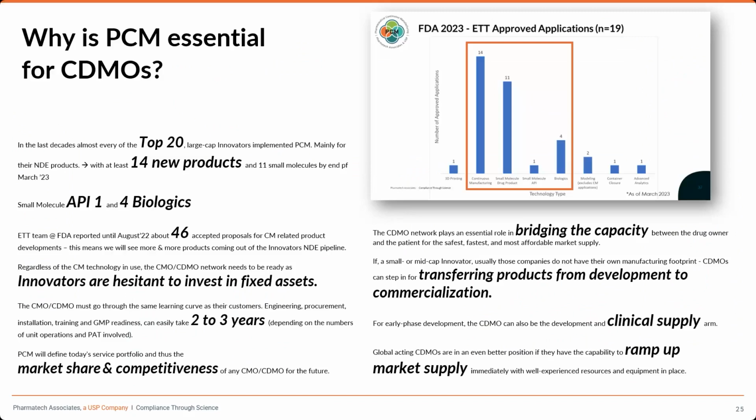And we can expect that there are a lot of products coming out of this pipeline soon to the commercial market. So even biologics, we can see indications in this early approach. And I think the ETT mentioned already in August 2022 that they have about 46 proposals accepted in the early stage for this kind of applications.